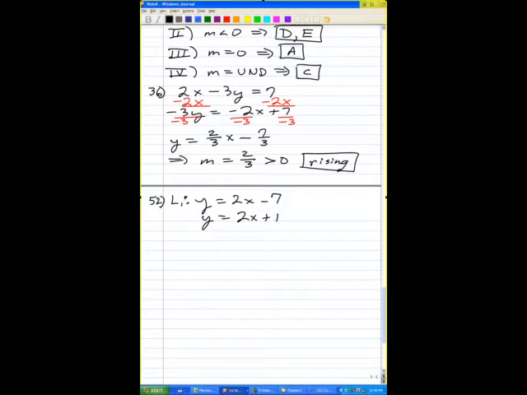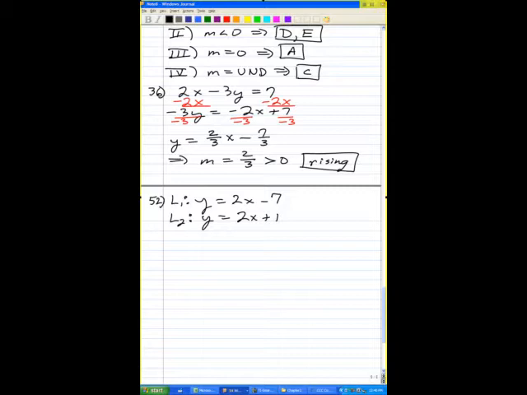Let's call this L1 and this line L2. Okay, so in exercises 51 through 78, determine whether the pair of lines is parallel, perpendicular, or neither.